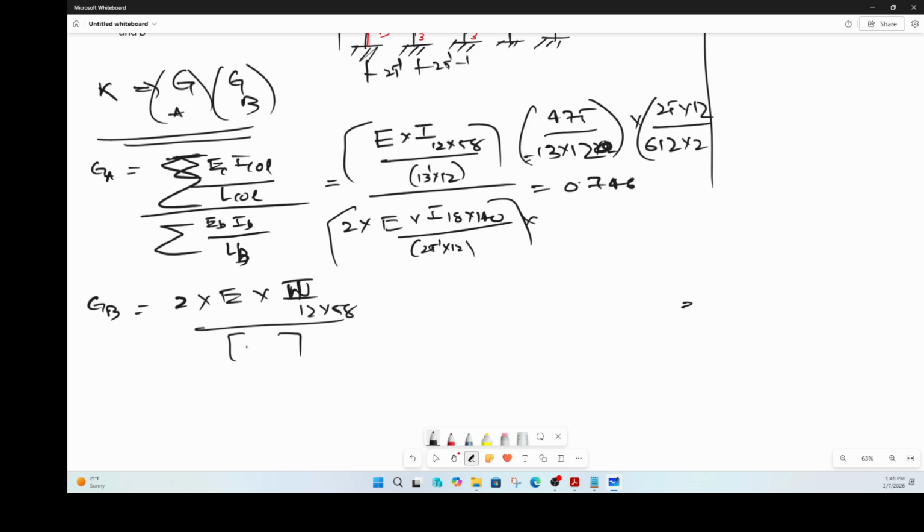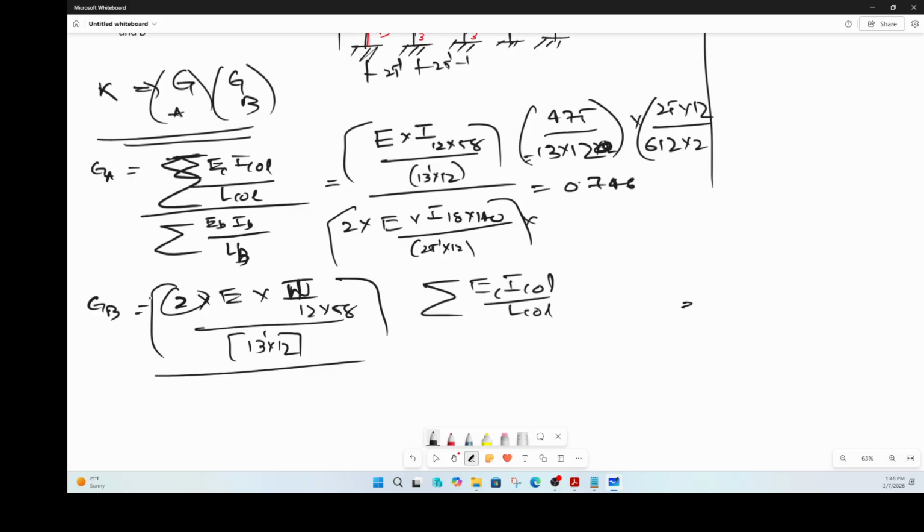Sorry, the length of that column is 13 feet in inches. So that is nothing but sigma E I column by L column, right? And we have two, so that's why there is a 2, right?